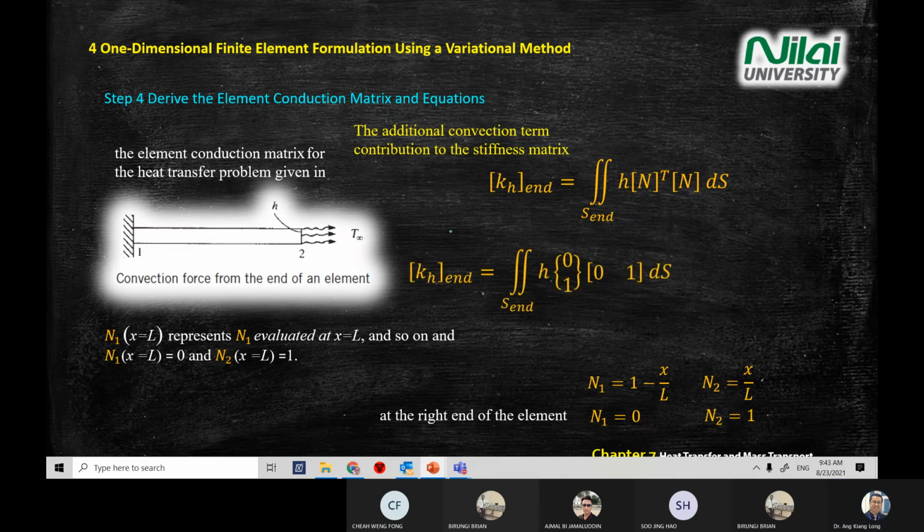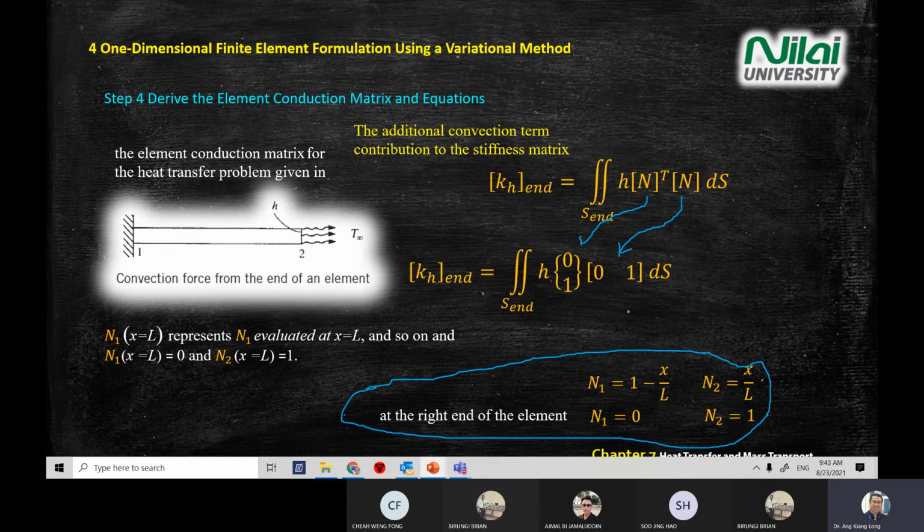So if you substitute the value of N transpose, you will get this function after you substitute the boundary condition that you see on the screen here. So N1 equals 1 minus x divided by L, and N2 equals x divided by L. So what happened at the end here?